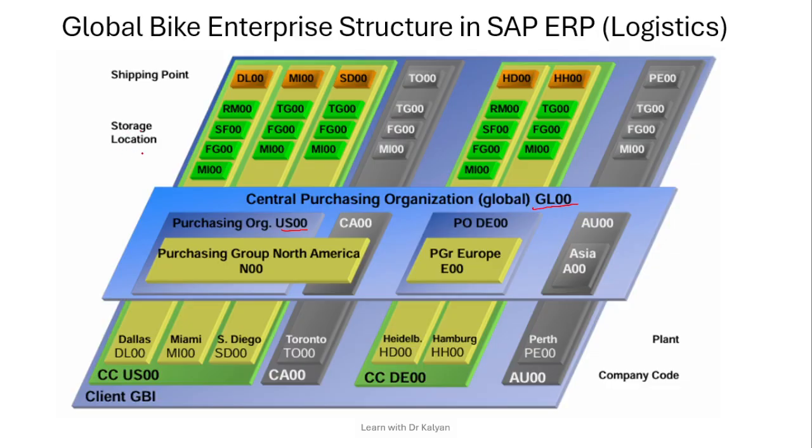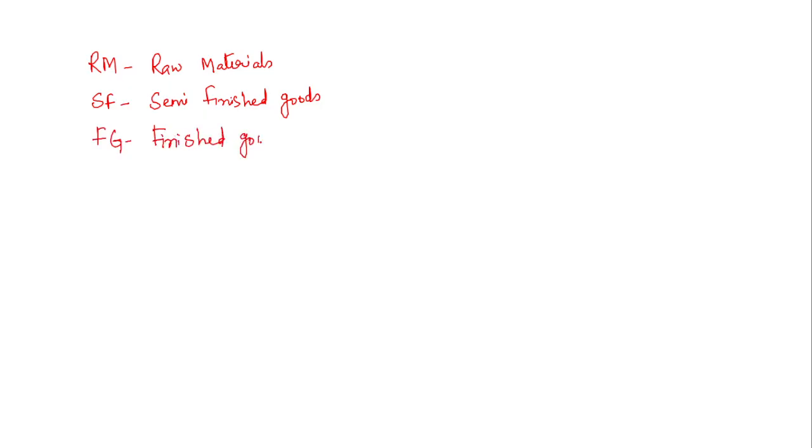A storage location is a place where we store different types of materials. Here, RM stands for raw materials, SF stands for semi-finished goods, FG stands for finished goods, and MI stands for maintenance goods.